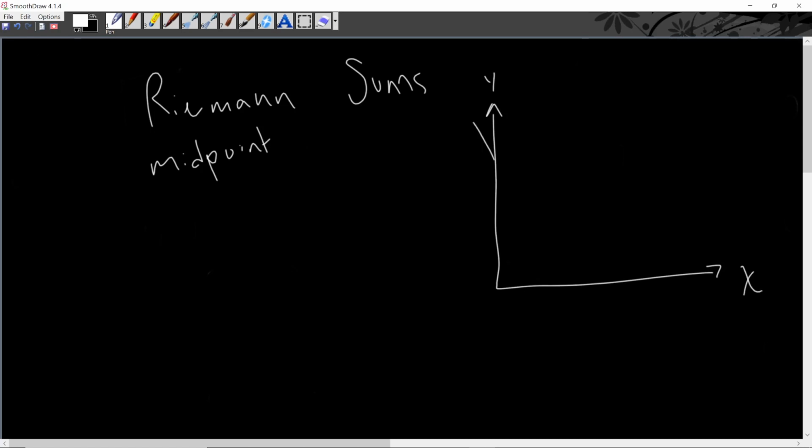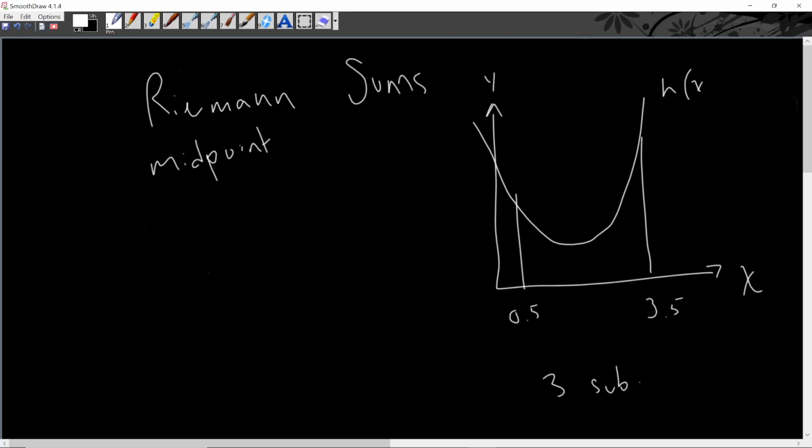So, let's say that this is some function h of x, and we are trying to estimate from 0.5 to 3.5 with three equal subintervals. So let's do b minus a over n to find what we are multiplying everything with.